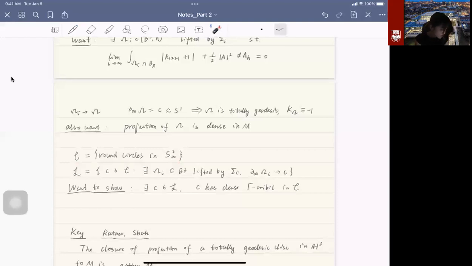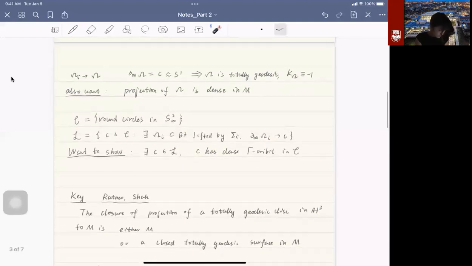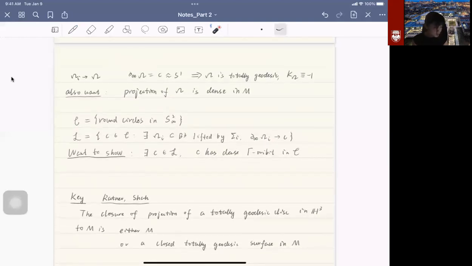And from here, we take a subset L of C, which contains the elements such that there exists omega I, which is lifted by sigma I, such that the boundary of omega I converges to C. So it contains round circles which are the limit of a sequence of boundaries of omega I. Next we are going to show there is an element, a round circle in L, such that it has dense gamma orbit in C.